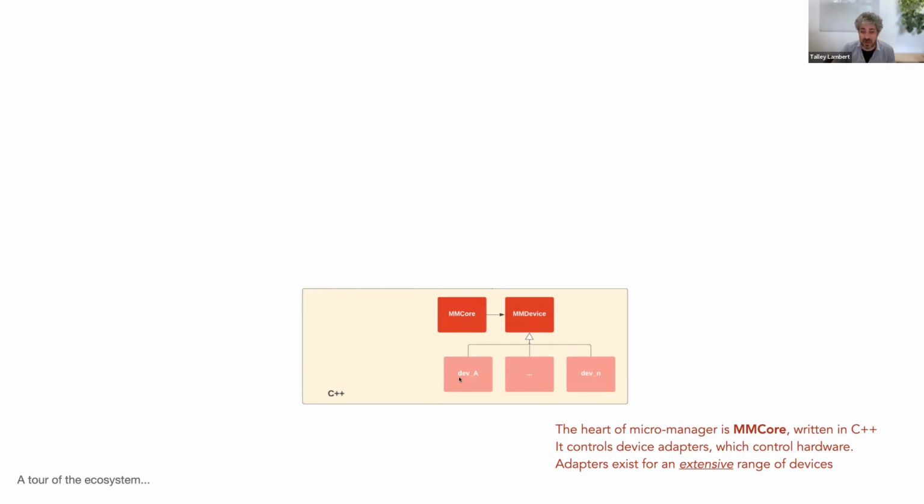So device A might write a device adapter that speaks to the firmware or the device driver directly. So you've got MM Core controlling a number of these devices. Each of these devices implements an interface that essentially controls one device.